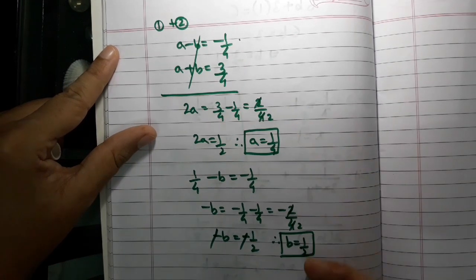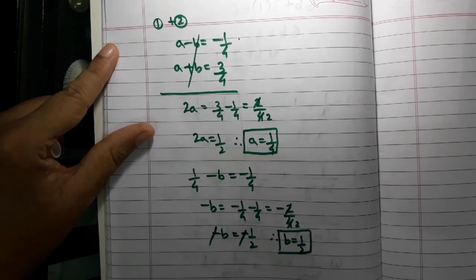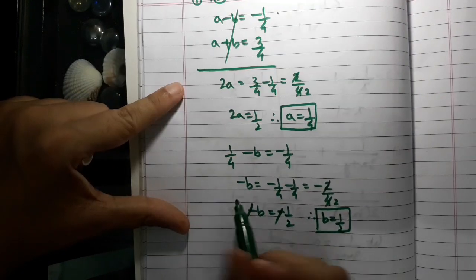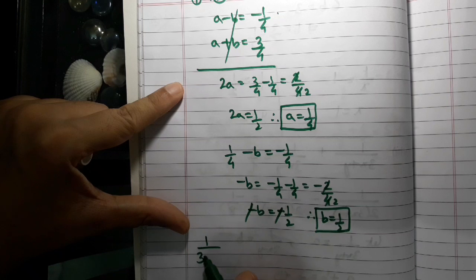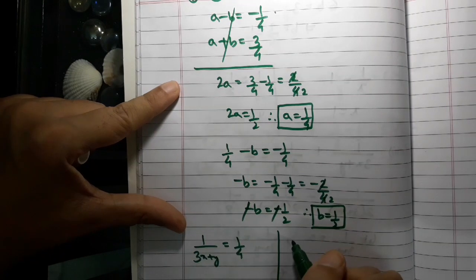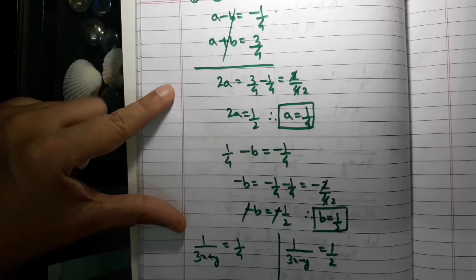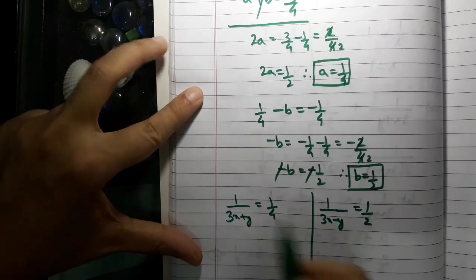So we have got the values of a and b, but now we have to find out the values of x and y. So according to our assumption, 1 upon 3x plus y is equal to a and 1 upon 3x minus y is equal to b. So we take the reciprocal.